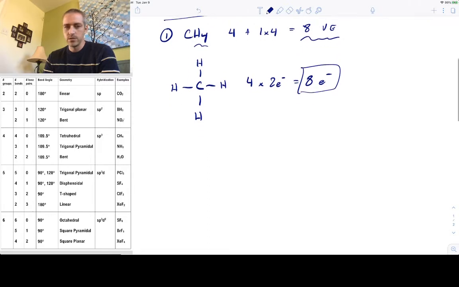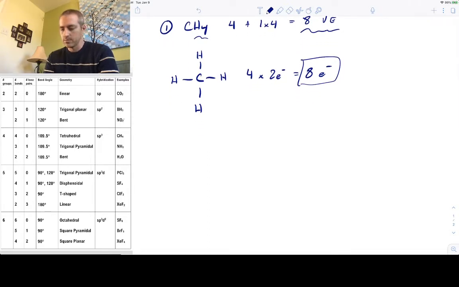So what we would want to do, just to make sure that our structure is as good as it can be, is count the number of valence electrons, and make sure that everything has a full octet. So carbon, to have a full octet, needs 8 electrons around it. It has 4 bonds. You can see there's 1, 2, 3, 4. So those 4 bonds each have 2 electrons, which makes a total of 8.